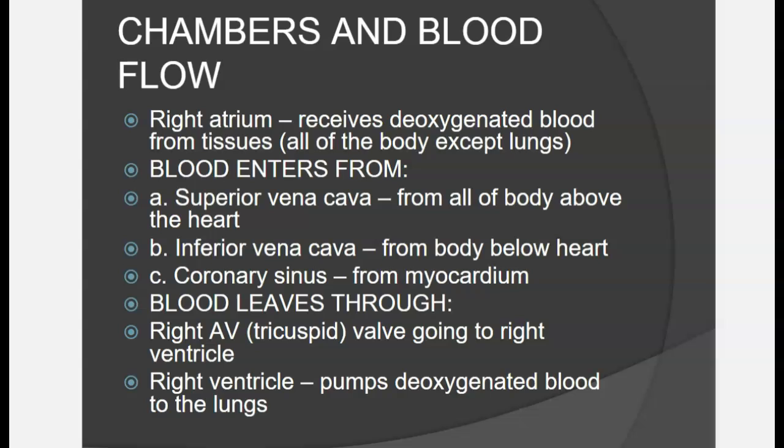And then when the right ventricle fills to a point and it's triggered, it contracts, and then it will eject that blood, not all of it, the majority of it, out through a pulmonary semilunar valve. And it's through that valve that it goes up to the pulmonary trunk, to the pulmonary arteries, to the lungs.